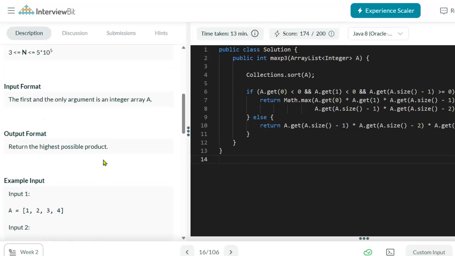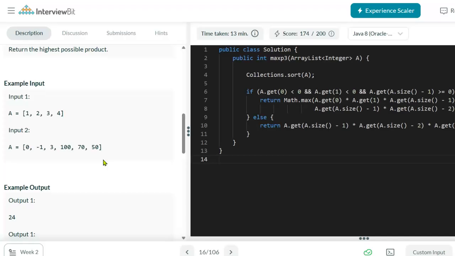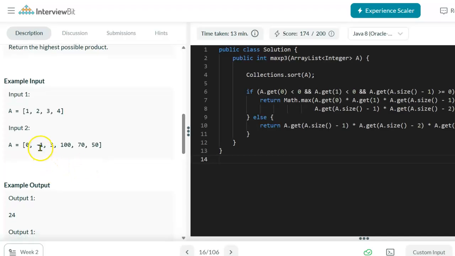Because if we sort the data, we've got the biggest numbers at the end of the list, and we can multiply them together, except for one thing. If you look at the example here, it doesn't say anything about it in the constraints, but it could have negative numbers. You could have negative numbers in the list.